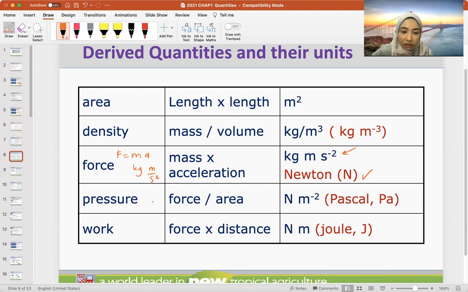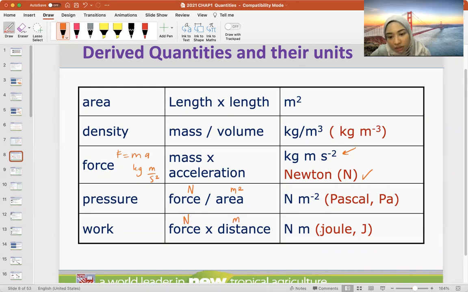And then we have pressure, which is force over area. Force is Newton, that's the SI unit. Area is meter squared. So you get Newton over meter squared. But the SI unit is called Pascal or Pa. That's the short form. And then we have work, which is force times distance. Newton, distance is meter.